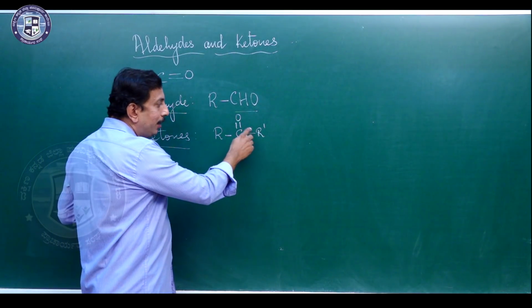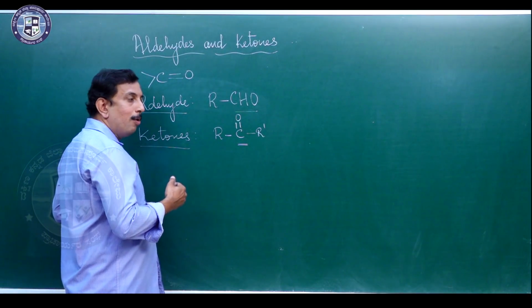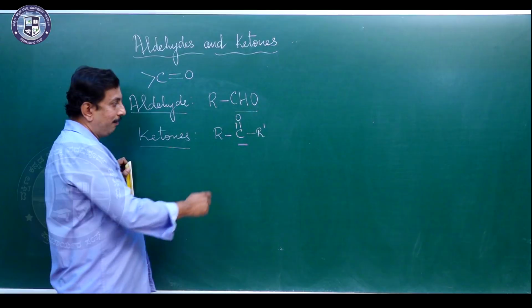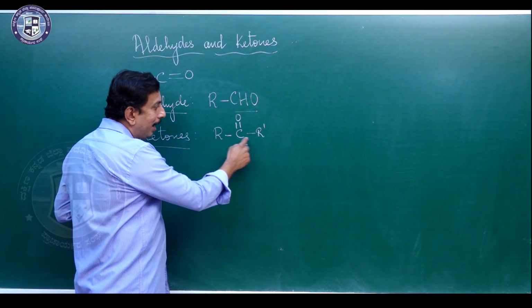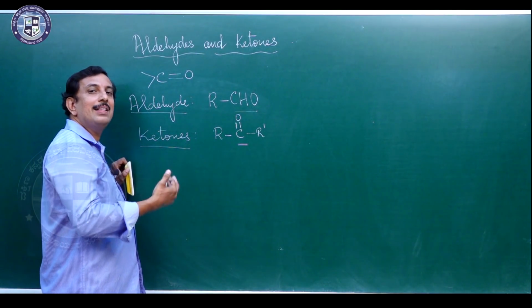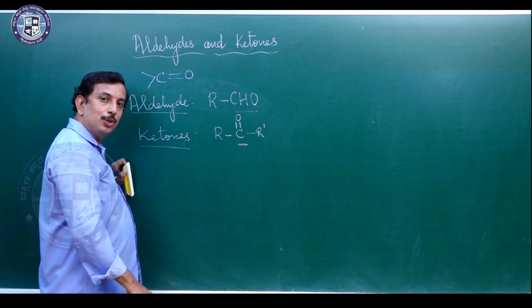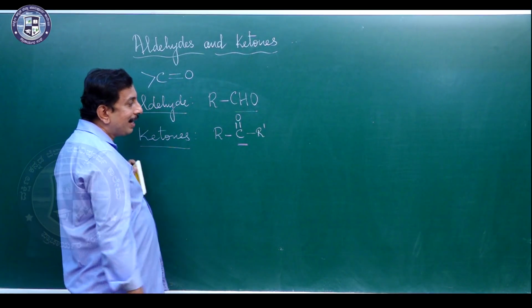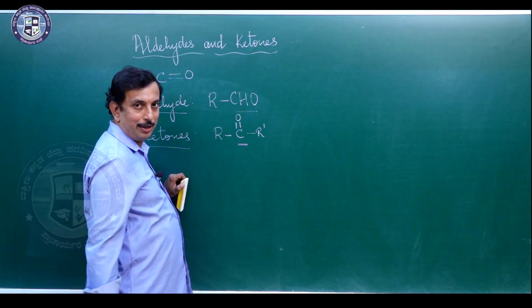Therefore, we say ketones are the organic compounds or carbonyl compounds which can be represented by the general formula RCOR', where R and R' can be either similar or dissimilar. So, depending upon the nature of the R and R' groups, ketones are classified as symmetrical ketones and unsymmetrical ketones.